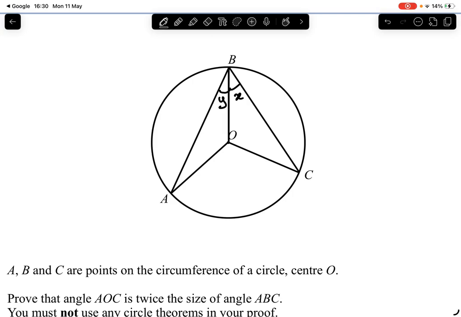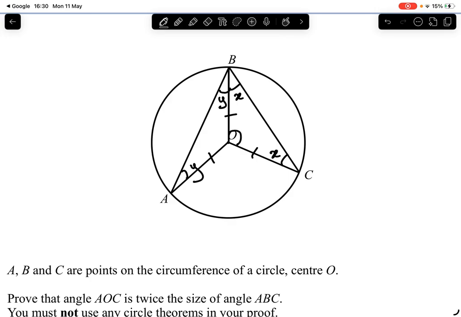Now, because the line I've drawn here is a radius, going from the centre to the edge of the circle, and these two lines here are radii, that means I have two isosceles triangles, which means that just here I have an angle of y, and just here I have an angle of x.